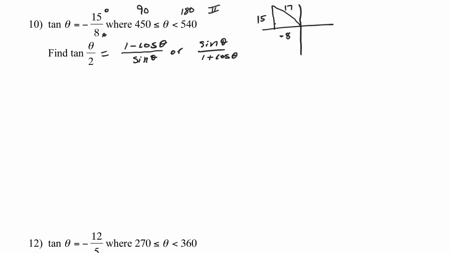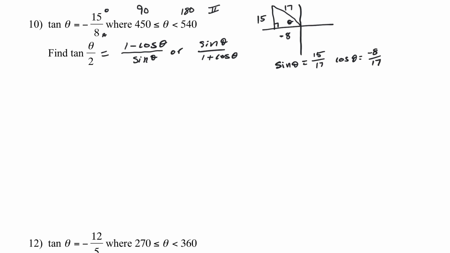This is important because when I go to write this out, I need the sine of this angle here. And so the sine is going to be 15 over 17. I also need the cosine of this angle, which is negative 8 over 17.